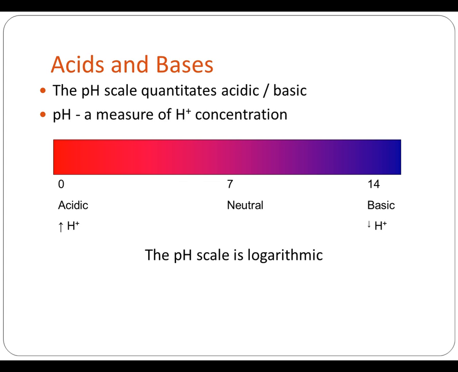Now what about neutral? Will it have free hydrogen ions? It will have some, but they'll be balanced with other molecules that could bind them. Okay, so for a simple view, you could say a balanced ratio of free hydrogen ions.